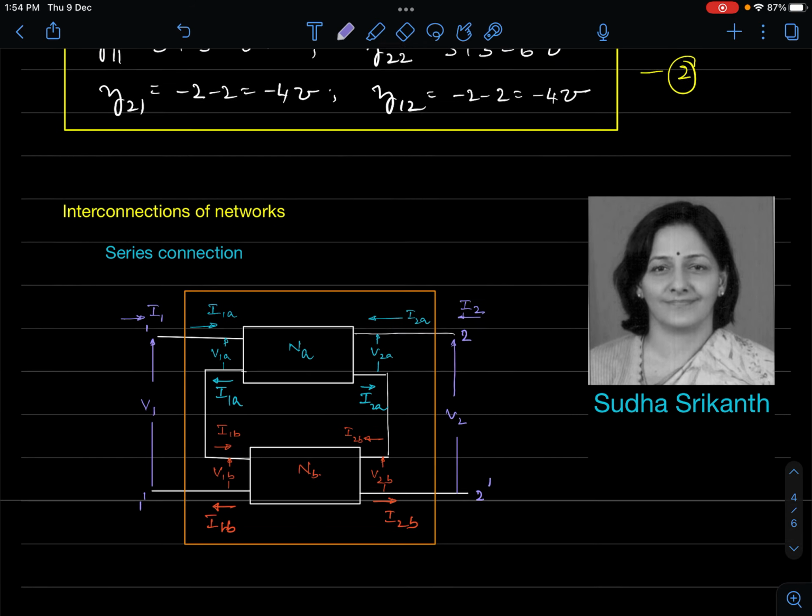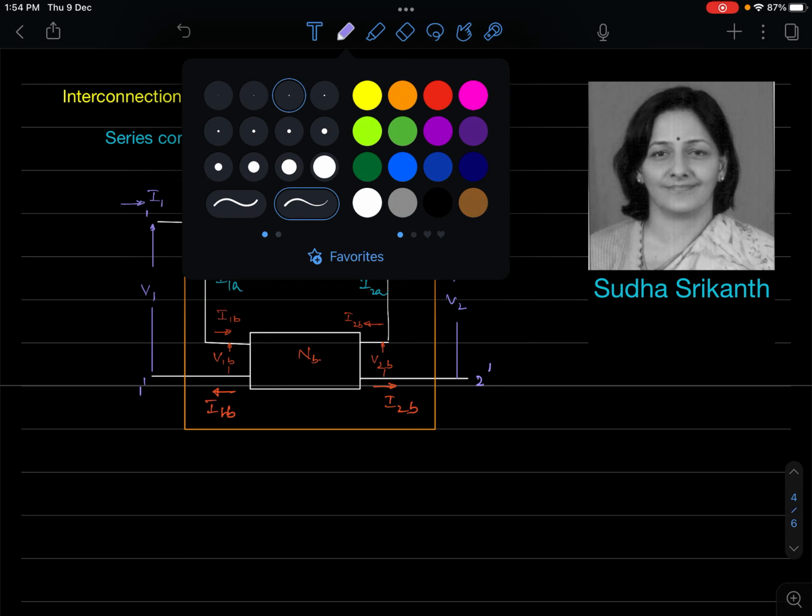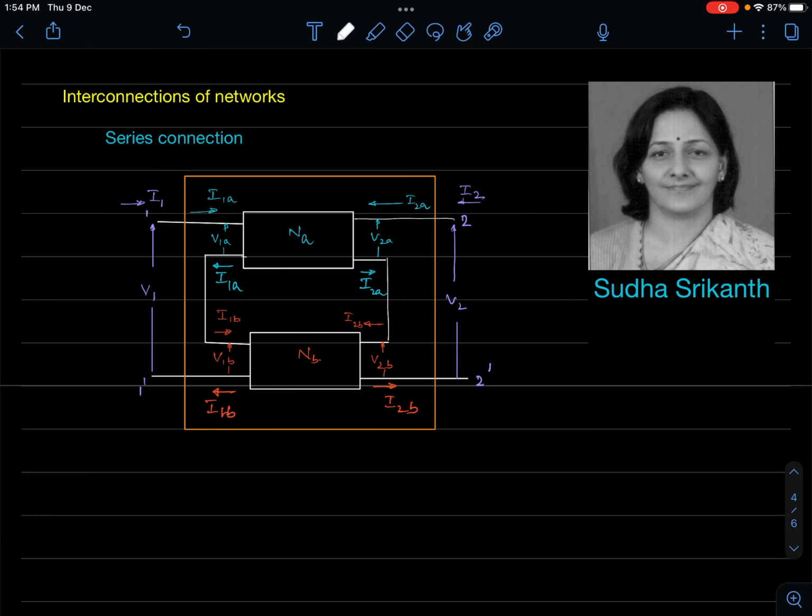We will first try to write the relationships. If you can see this network, it's very clear, by inspection, by looking at the kind of connection that we established, we can easily write that the current I1 is also equal to the current I1A, which is also equal to the current I1B, right?